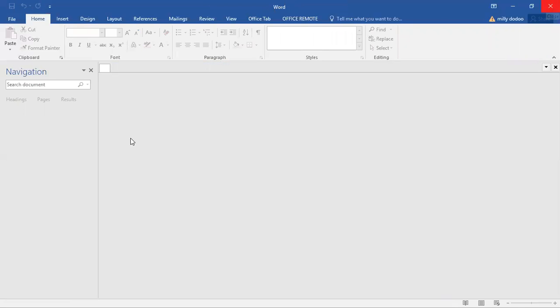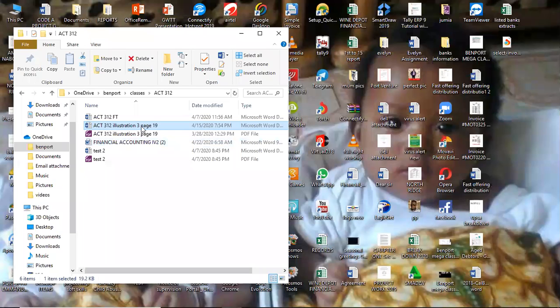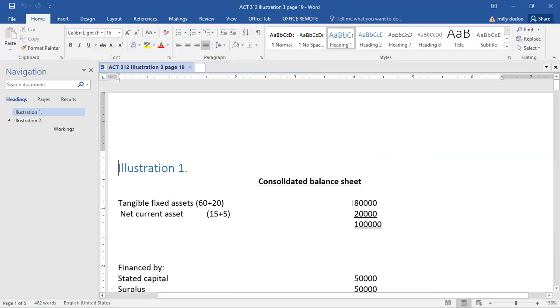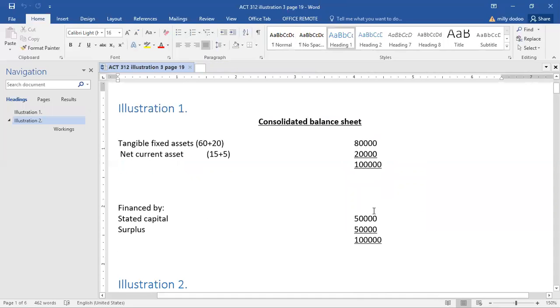Now, we are going to consolidate the account. In an attempt to consolidate the account, we add the two balance sheets. Can you see? Good. So we say consolidated balance sheet.